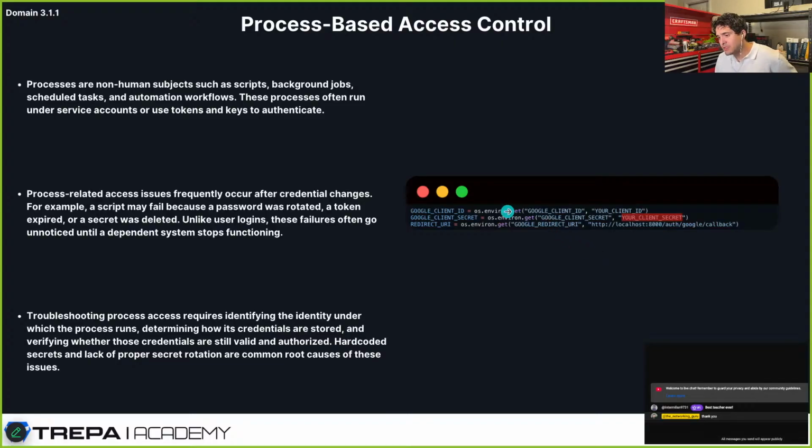But these processes, these scripts, have to be run by someone or something. Even if it's an automated script that runs from an event scheduler or a cron job, there still needs to be permission set on that script that gives it authorization.